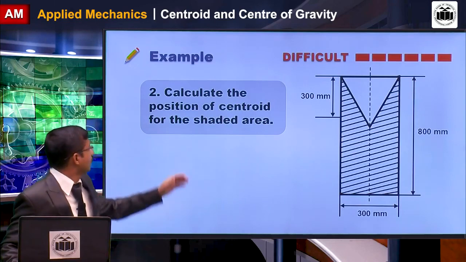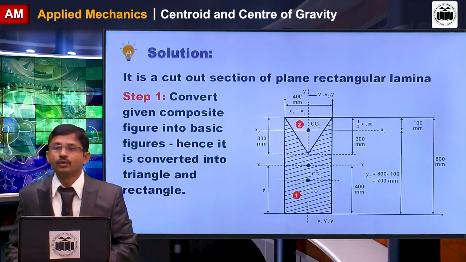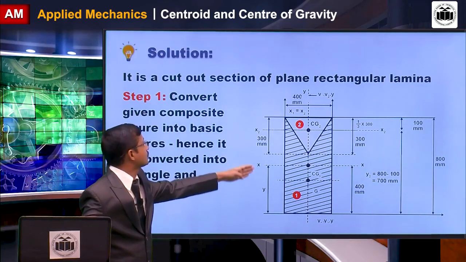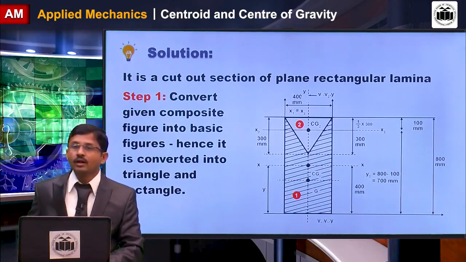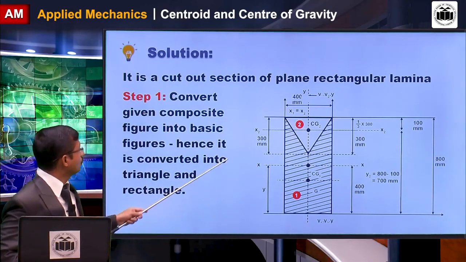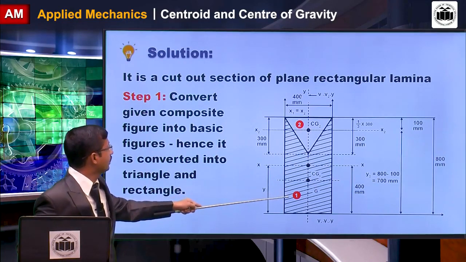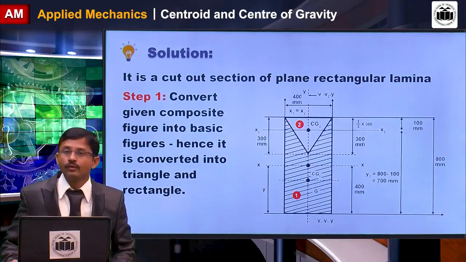Now we will see a second problem. This particular problem is a cutout section for a plain rectangular lamina. In this problem, you have to convert this composite figure into two diagrams. One is a rectangle and the second is a triangle.